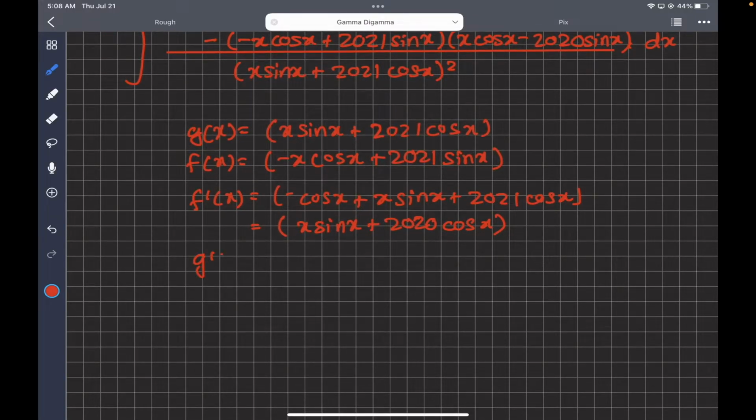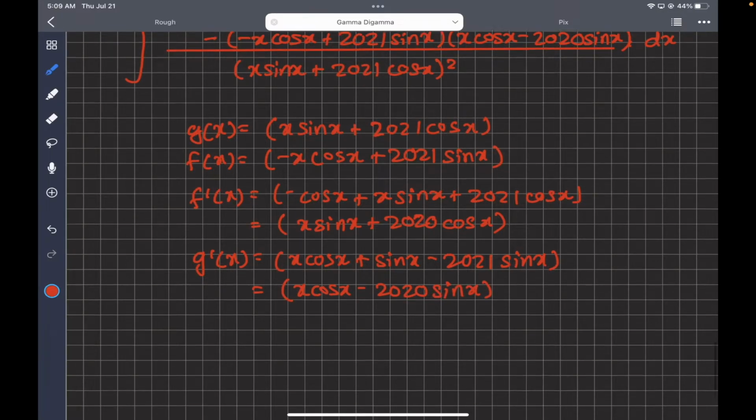Now the similarity doesn't end there. g prime of x is going to be x cosine x plus sine x minus 2021 sine x, which turns out to be x cosine x minus 2020 sine x.